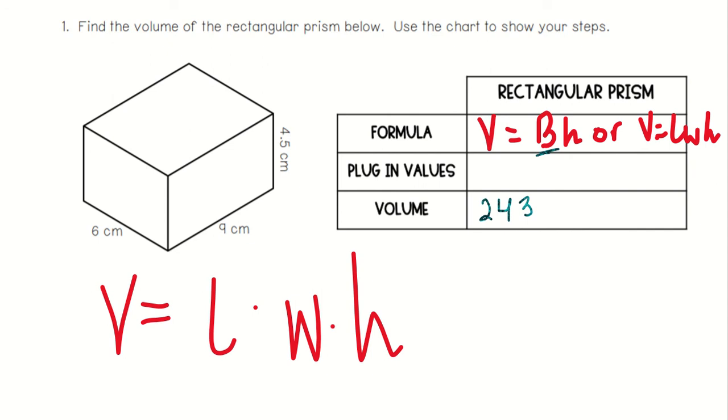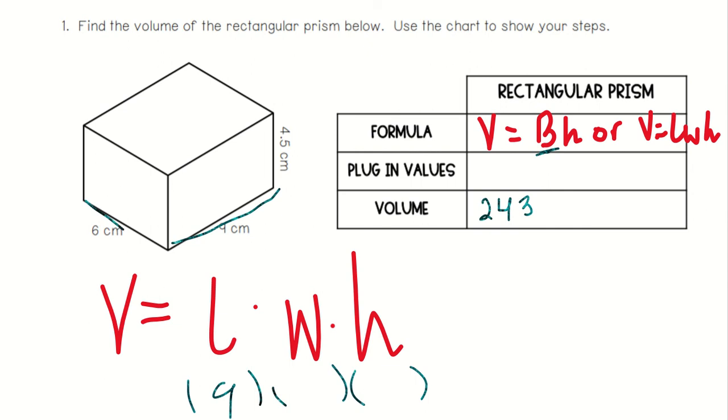So if we plug in numbers for this, if we're doing volume equals length times width times height, look at what happens. We would put the length as 9, the width is 6, and it doesn't matter which one you pick as the length and the width. And the height of the shape, how tall the whole shape is, is 4.5.